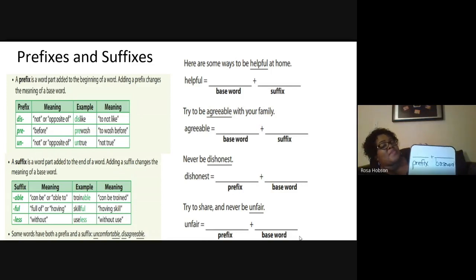So, what's the prefix? Absolutely. Dis is the prefix in dishonest.